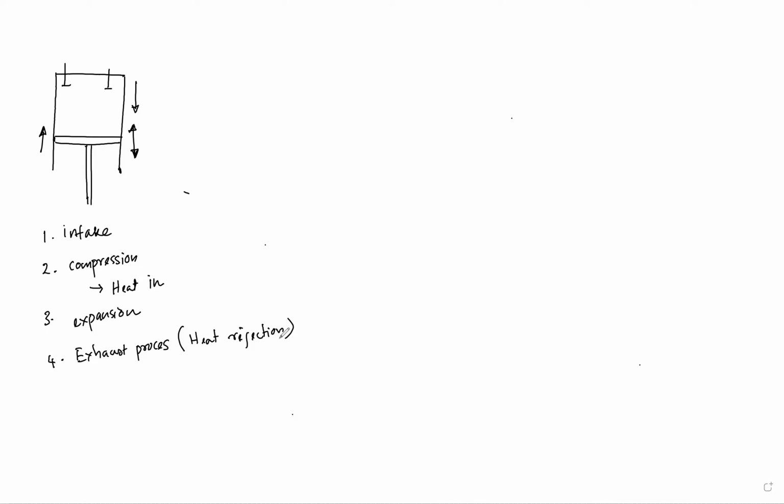Now, these four processes that actually happen in the engine are more complex and involve a lot of irreversibilities. Based on the air standard assumptions that we're going to talk about in the class, we neglect all the complexities and consider all the processes involved in these cycles.